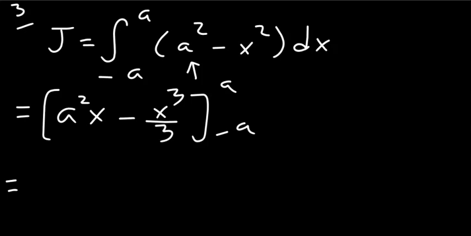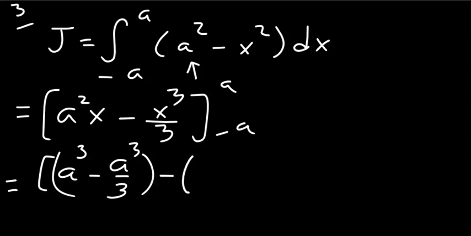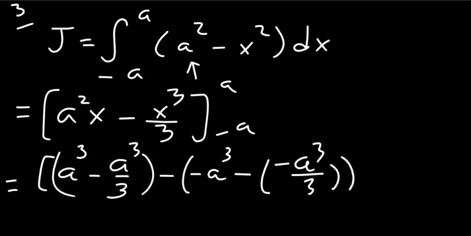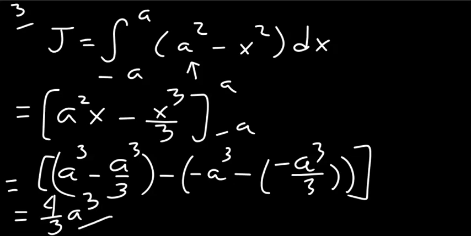So when you substitute the upper limit, you get a cubed minus a cubed over 3. Now substitute the lower limit, you get minus (minus a cubed minus a cubed over 3), which will give you 4 over 3 a cubed, and that's the answer.